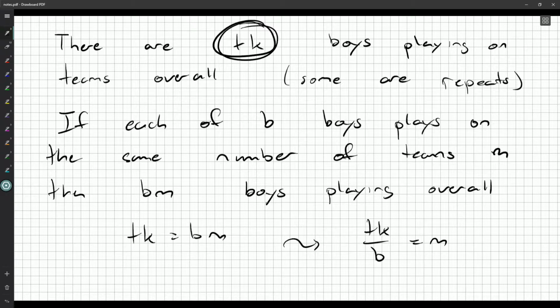I think the same sort of reasoning should work with pairs. Okay? But there's a different way to count the number of pairs. So there are T teams, each with K boys. Now, how many pairs are there on each team?